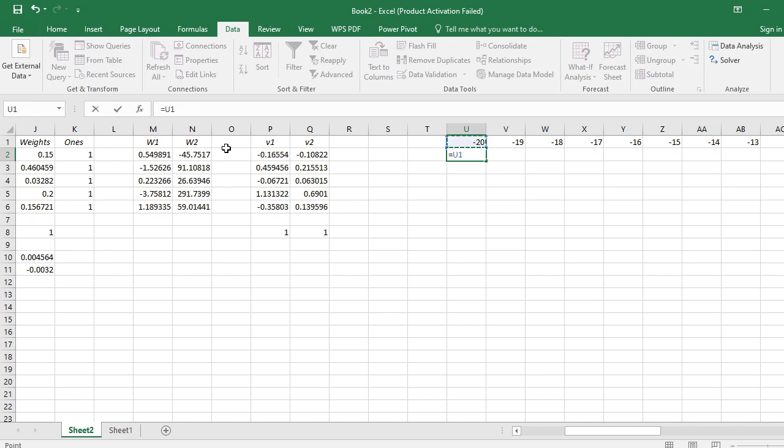So this alpha multiplied by v1 plus (1 minus this thing) multiplied by this.